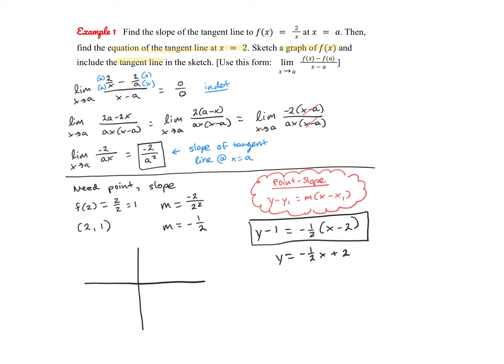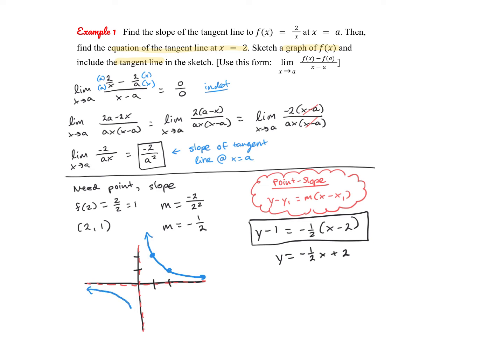I can see that we have a vertical asymptote at x equals 0, and we will have a horizontal asymptote at y equals 0. And then we can substitute a couple x values to find a couple of points. So we'll have the point 1, 2, and we'd have the point 2, 1. So it looks something like this, and it's going to travel along our asymptotes.